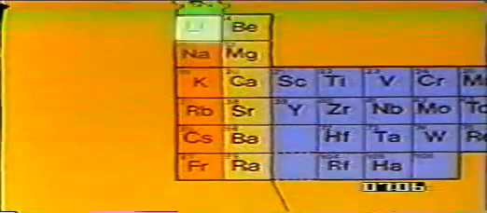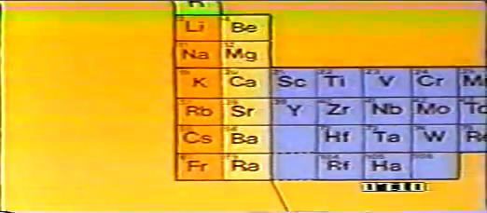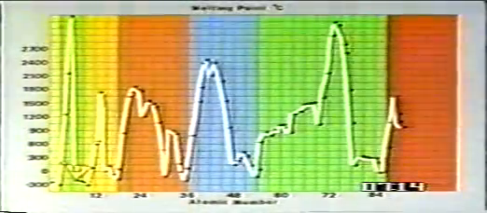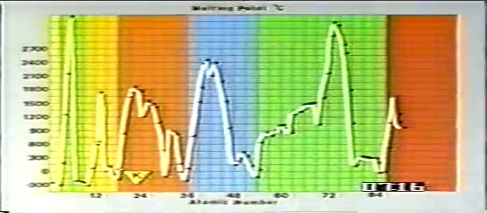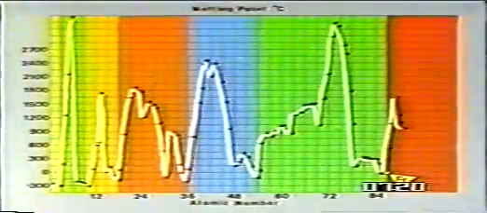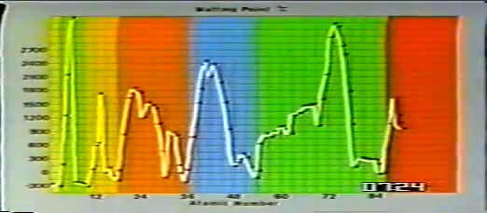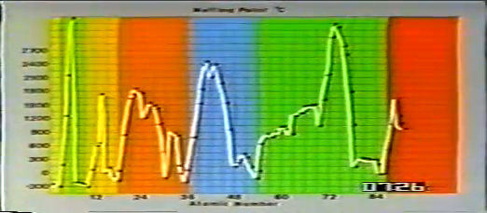And lithium and the other metals in the column under it begin each period in the table. In the graph, each periodic rise in melting point begins with one of the metals in the lithium column. This same sort of periodicity shows up in the graphs of other properties of the elements when they're arranged as they are in the periodic table.